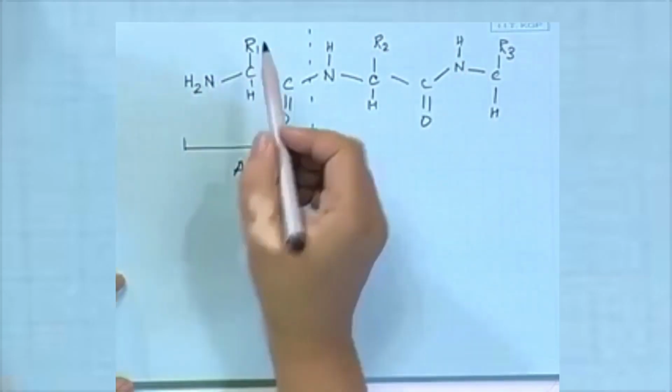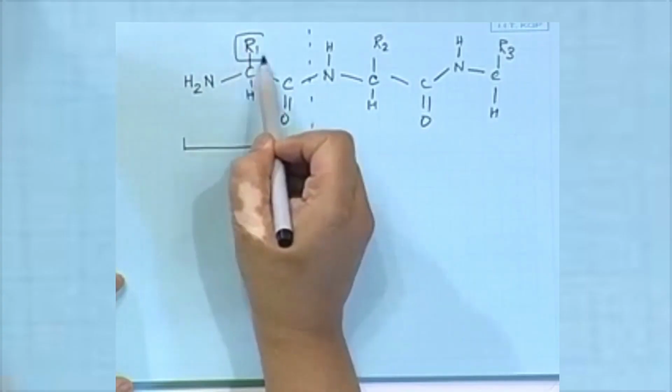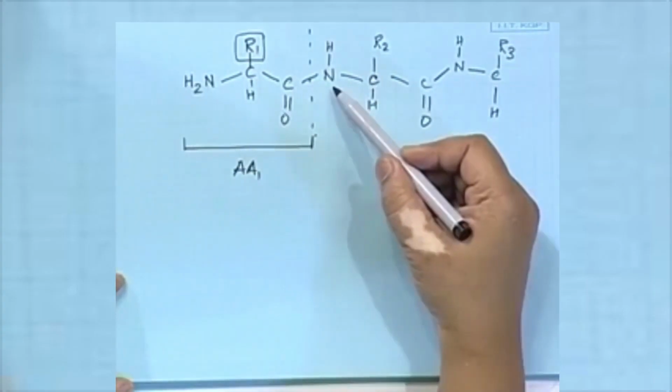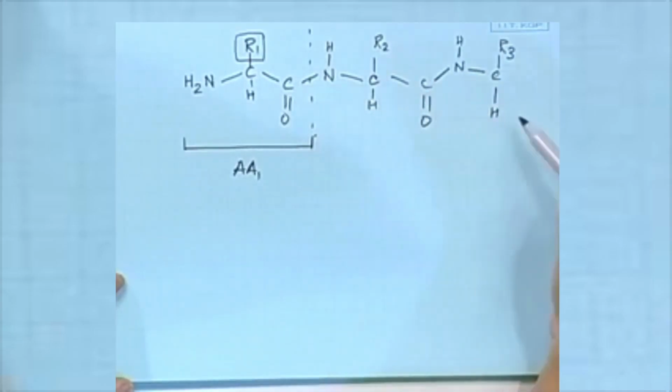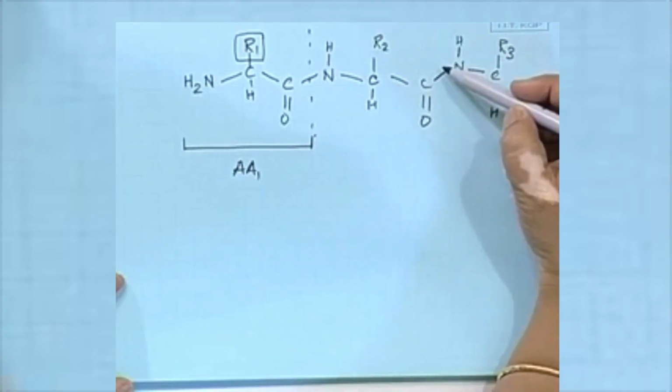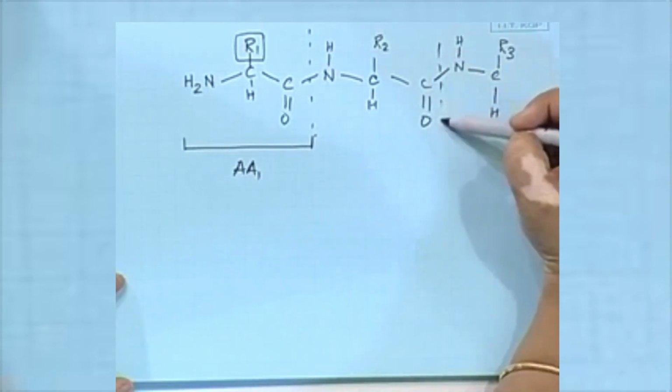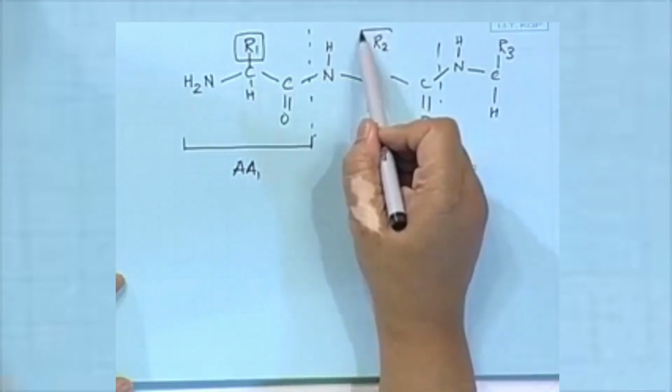Then you can figure out what this amino acid is. Now this becomes the N terminal, right? So then you chop off again, and you determine what R2 is.